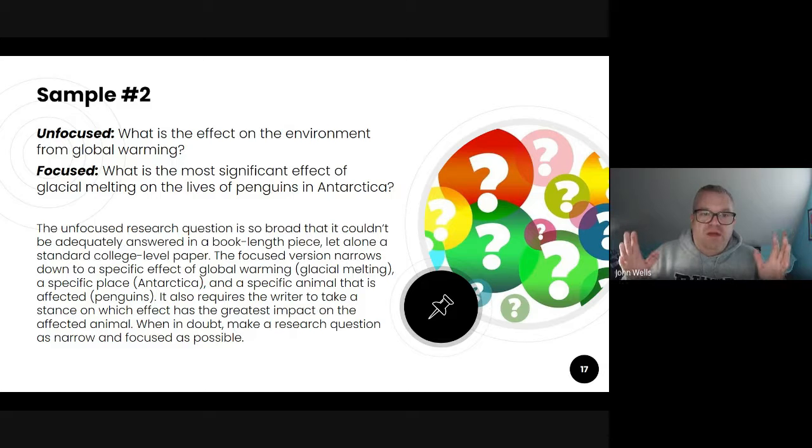We're being very specific as to what we're looking for. And again, remember, the goal now is we know what we're looking for. We're looking for what happens when ice melts. Who is it about? Who's dealing with that ice melt? The penguins, right? And so we're very clear and very focused on specific pieces.